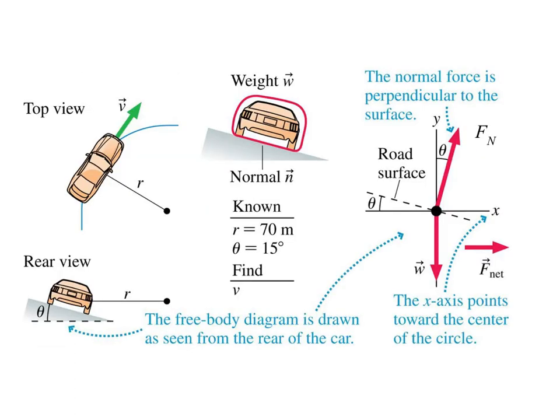It's a little bit complicated. So the top view is we have the car doing something like this. And so there's a velocity this way, and the centripetal acceleration has to point this way. But if we look from behind the car, so now the car is going into the page, that's the velocity. Then the centripetal acceleration is here, because it points towards the center of the circle.